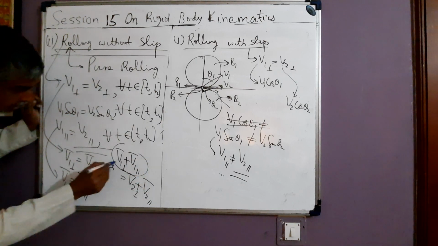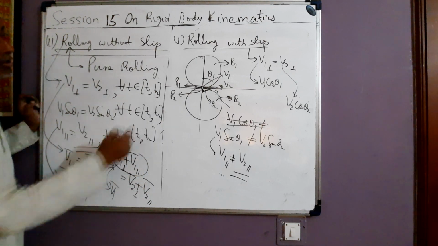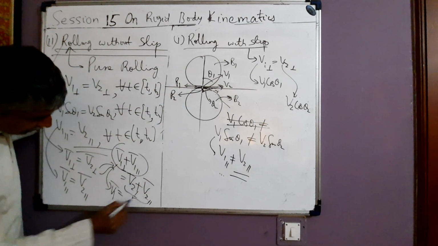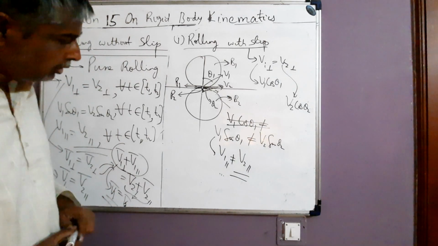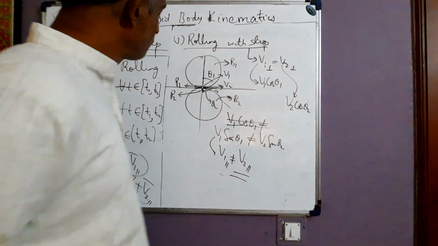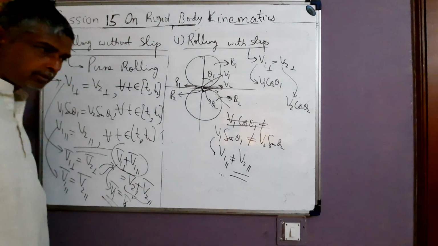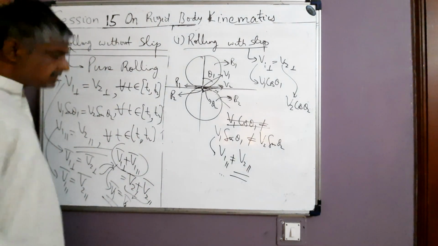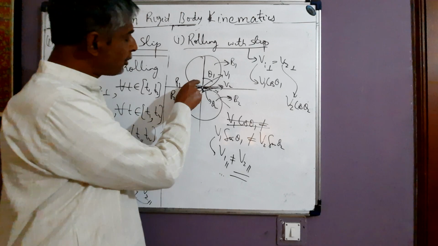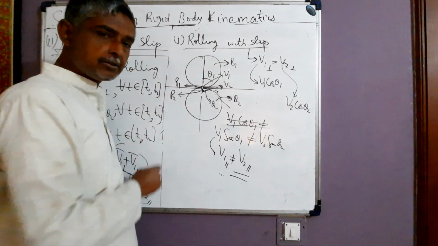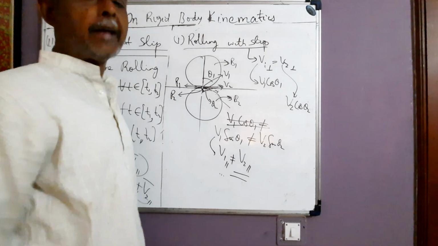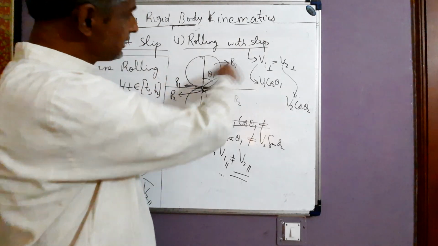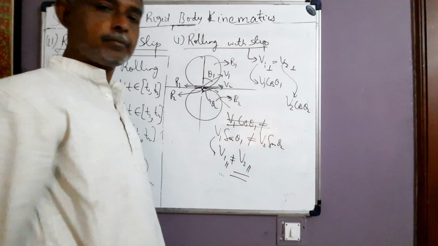Now this is just the vector V1, velocity of point P1, and this is the velocity V2 of point P2. So in case body B1 rolls over B2, pure rolling, then at any instant of time, velocities of the 2 points for the two respective bodies in contact are always equal in magnitude and direction both. And this statement is valid at each instant of this time interval t1, t2.